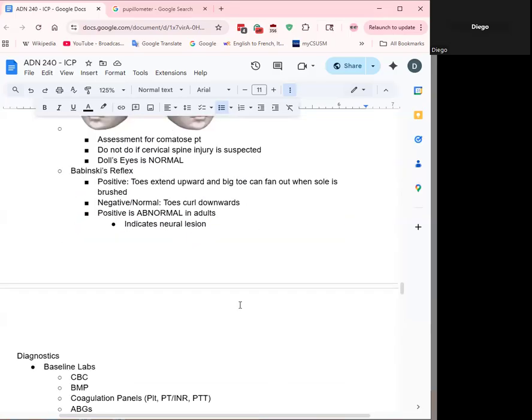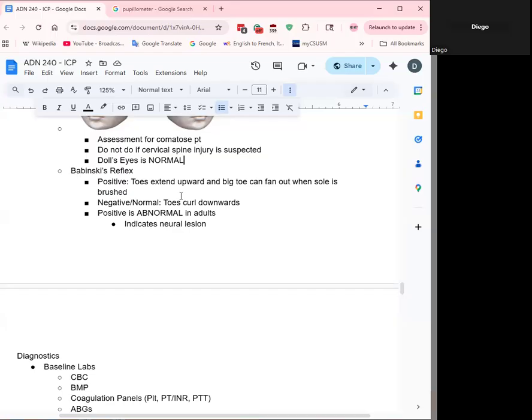Next thing is the Babinski reflex. This is something you've heard about in pediatrics. The Babinski reflex is when the toes extend upwards and the big toe can fan out in response to the bottom of the foot being brushed from heel to toe. That is considered abnormal in adults. It's indicative of brain damage.